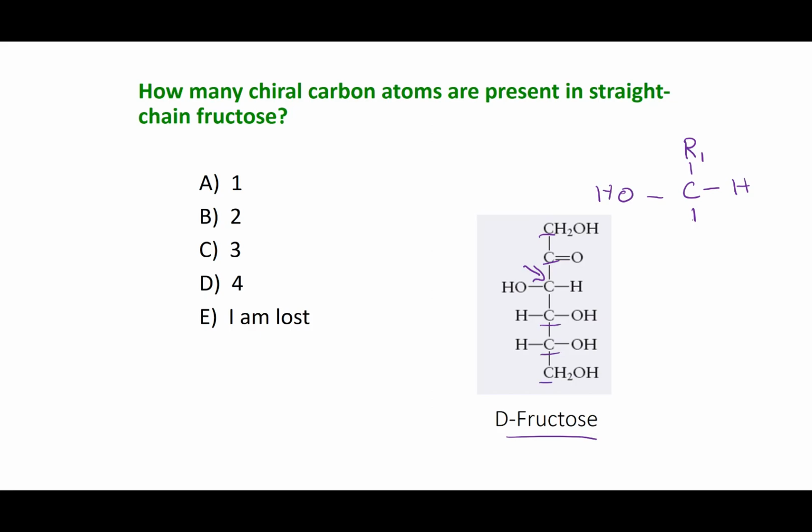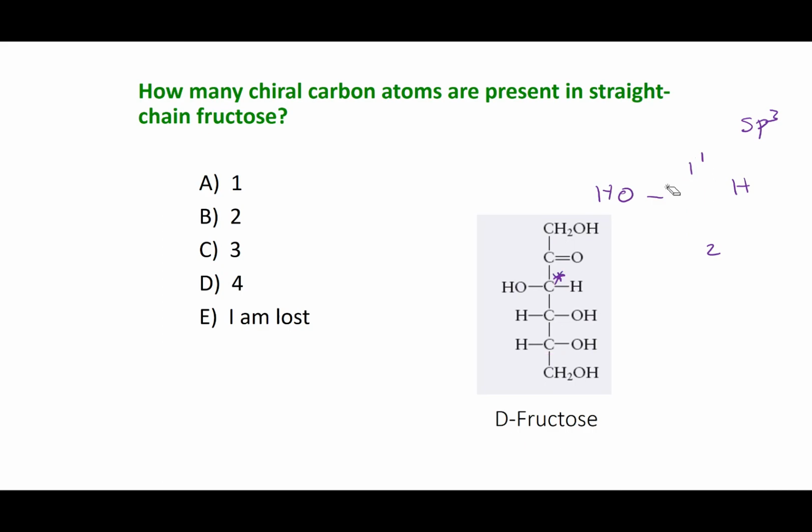So even though there are carbons on the top and bottom, they are different carbon chain lengths, so I'm going to have to specify that it's something different. So I'm going to call this R2. So this carbon is sp3 and it has 4 different things around it. So that means that carbon is chiral.